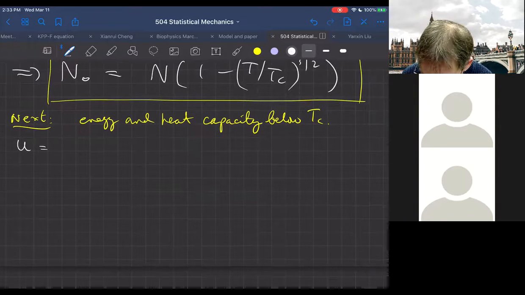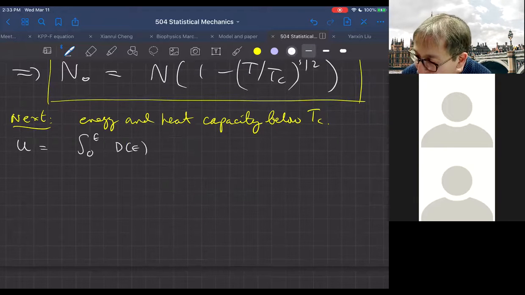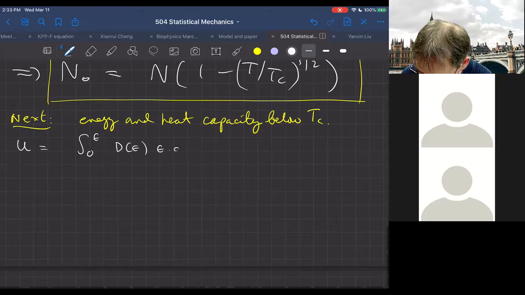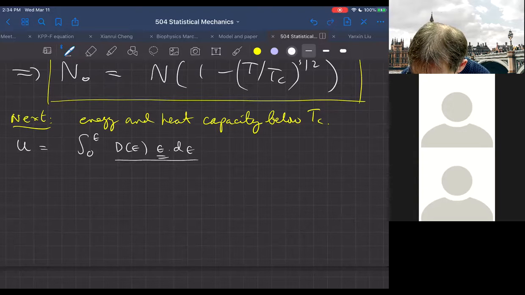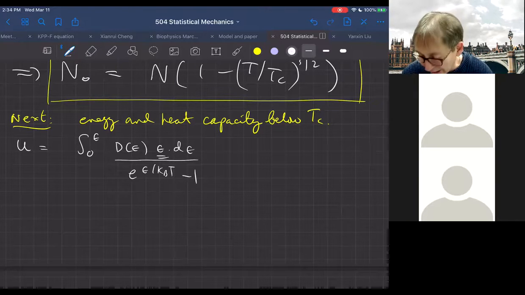So all we have to do is do the usual density of states integral. Now putting in the epsilon, that's what we're trying to compute. And then because we're below Tc, we can ignore the chemical potential in the Bose-Einstein factor. So again, there's no chemical potential over here.